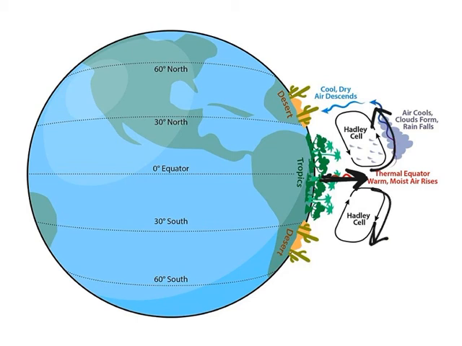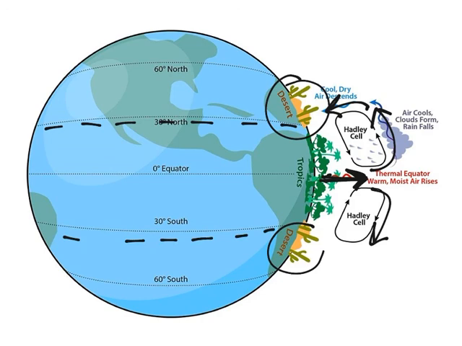The air is going to be released in rain clouds, and that cool air is going to descend as dry, cool air because we got rid of the water. So we're going to see these desert biomes in these 30-ish latitude locations.